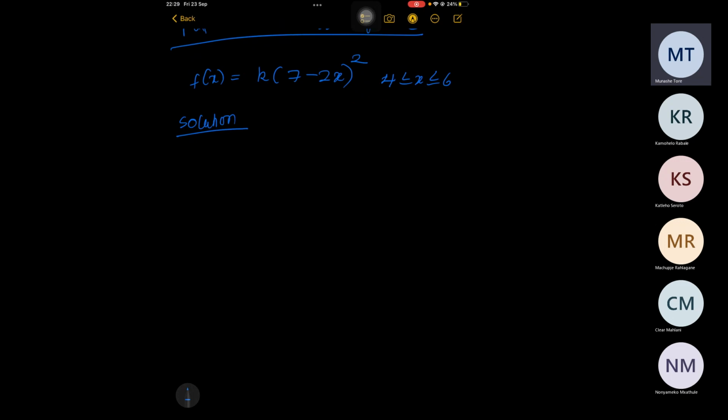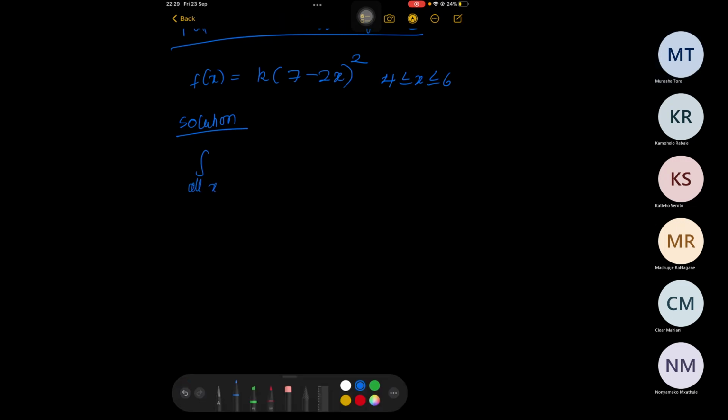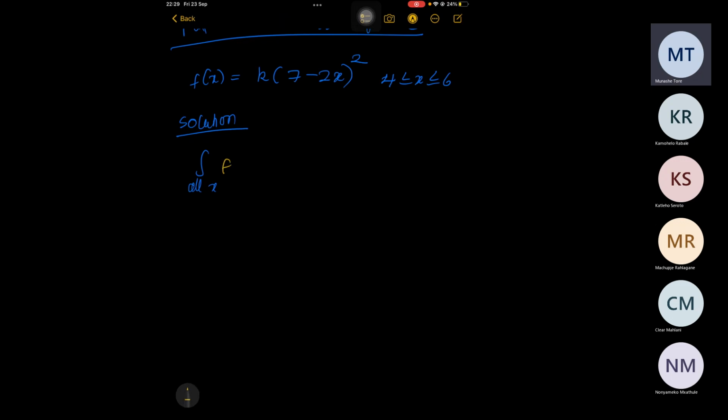Then we say the integral over all x values of f(x) dx is definitely going to be equal to 1. Then we know that it's going to be the integral from 4 to 6 of k into 7 minus 2x squared, and it's going to be equal to 1. Let me look for my calculator.